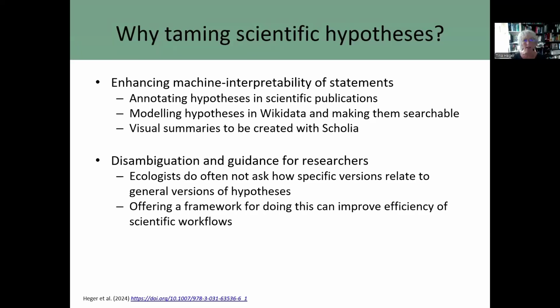And also, we think it has strong benefits for research, also for ecological research, because it can help disambiguation and give guidance for researchers, because ecologists are not really used to asking these kind of questions or taking these steps towards formalizations. And we want to offer frameworks for enhancing efficiency of scientific workflows.